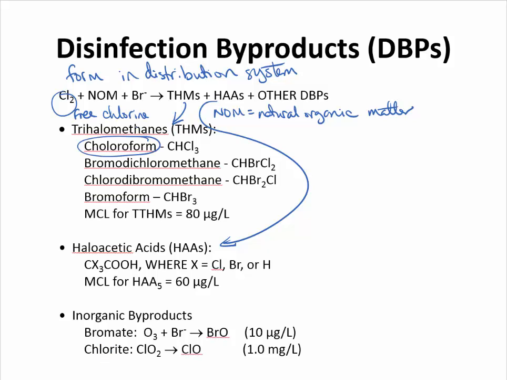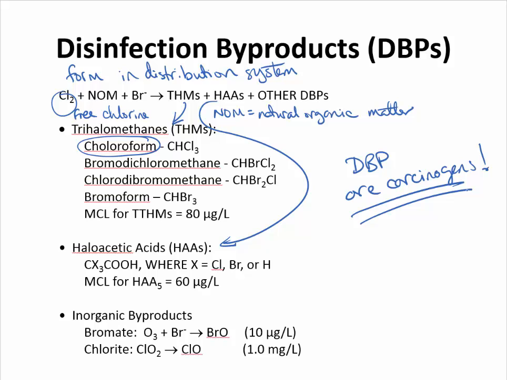You may recognize one trihalomethane as chloroform, and you may recognize that as being something that you don't want to be exposed to. Disinfection byproducts are carcinogens, so this is why these are regulated. They have very low maximum contaminant levels in the parts per billion range. These must be detected in the distribution system, and they form as a byproduct from disinfection itself.